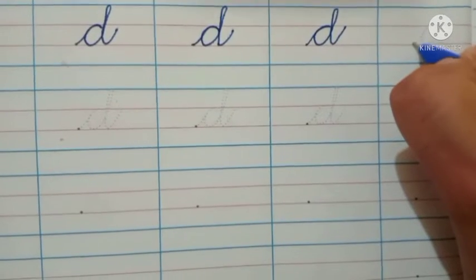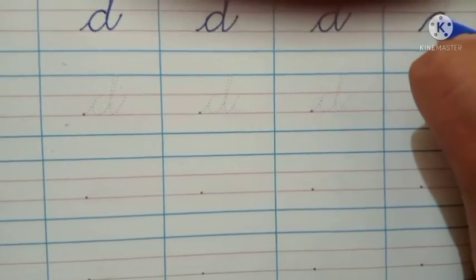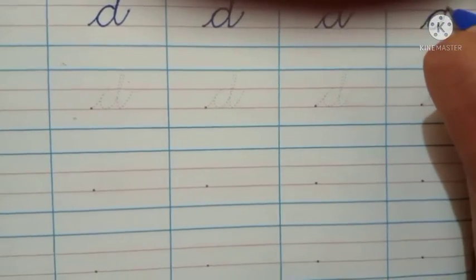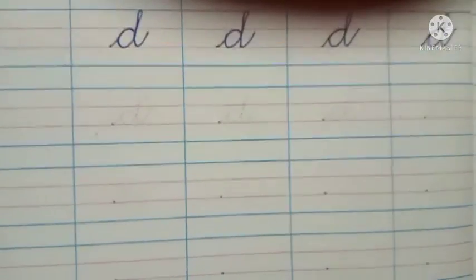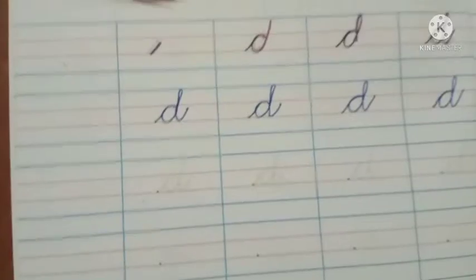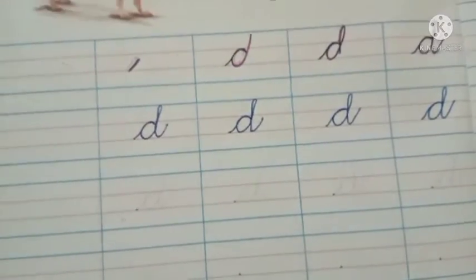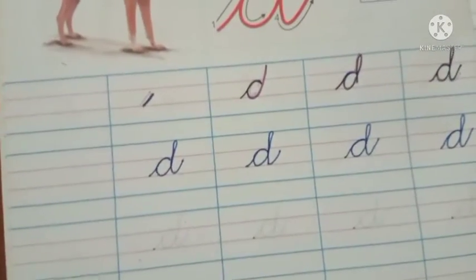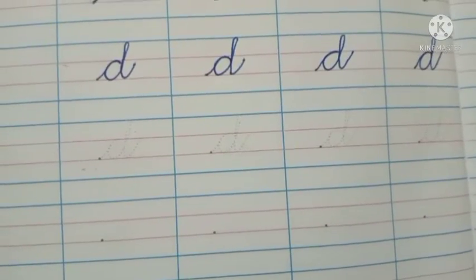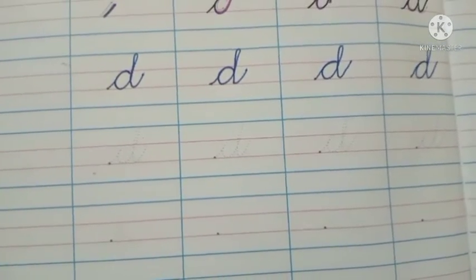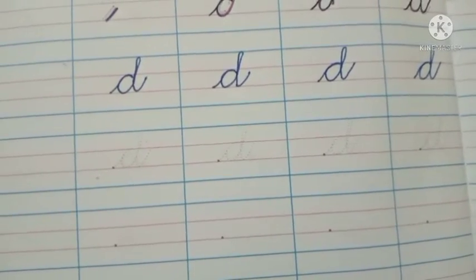And see, this one though we have to follow the dots. Children, please follow the dots. So this is letter D. The second line again we have to follow the dots. Very good.